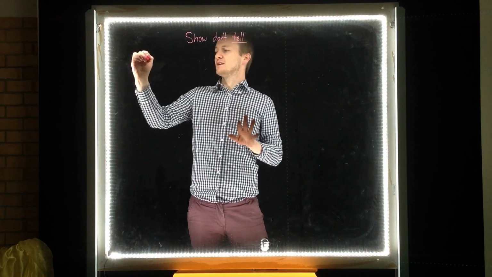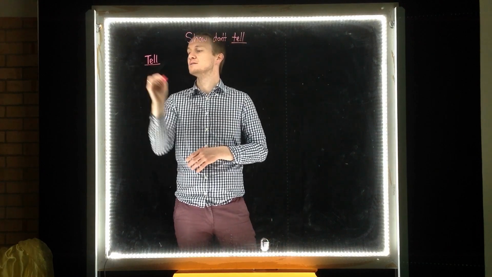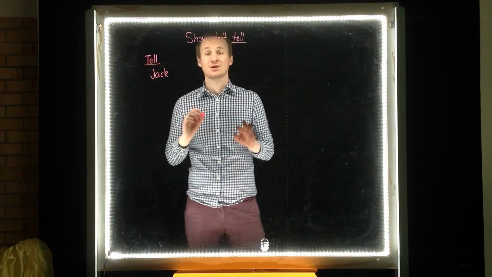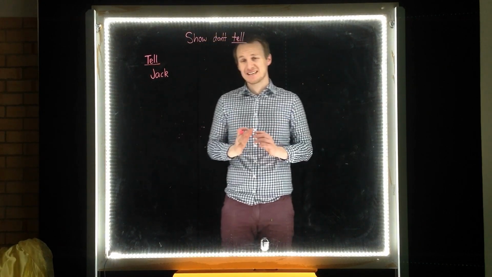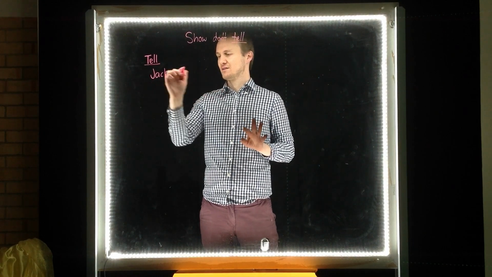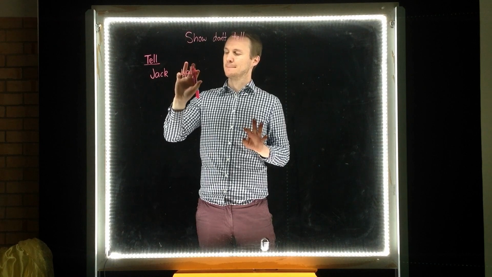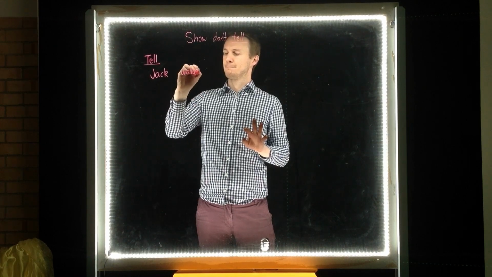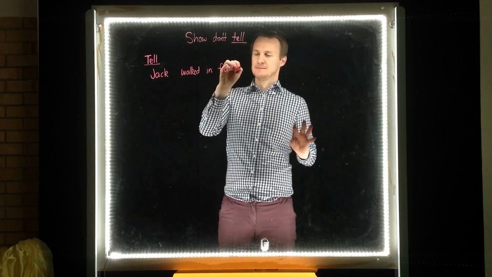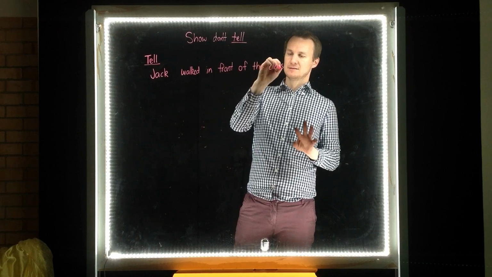So let's take tell, for instance. If you were going to tell someone that, let's say, a boy called Jack is feeling really nervous because he had to get up and do a speech in front of the class. Okay, so Jack walked in front of the class.